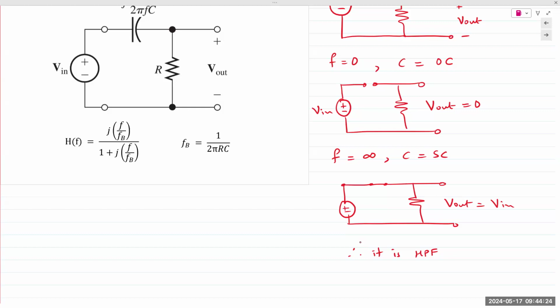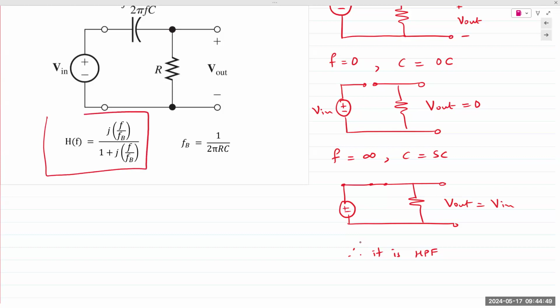The equation for H of F is different. Denominator is the same, 1 plus jF over FB. Numerator has an additional term, jF over FB. The equation for FB remains the same because it is based on the value of the resistor and the capacitor. So it's still 1 over 2 pi RC.